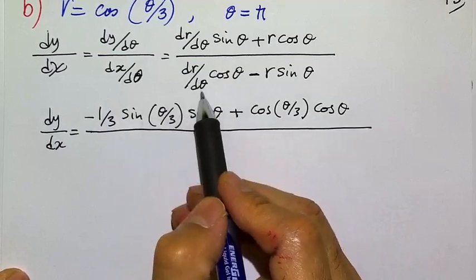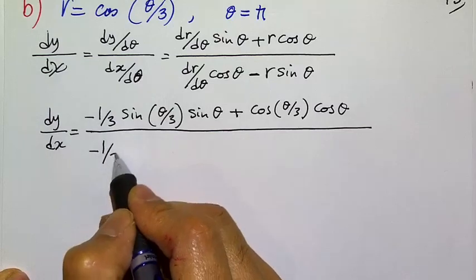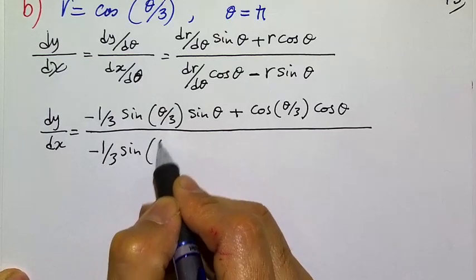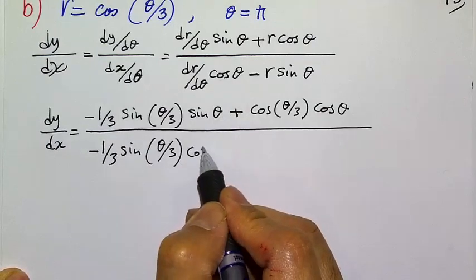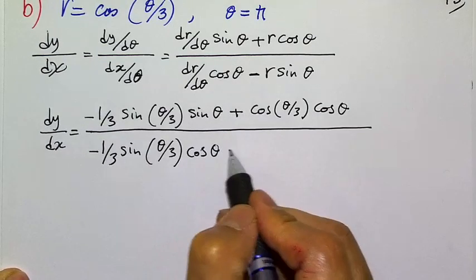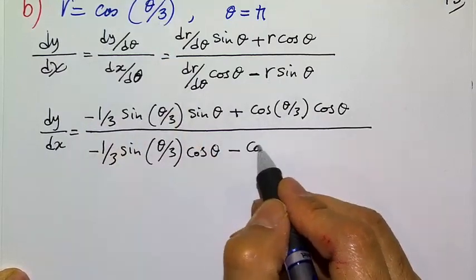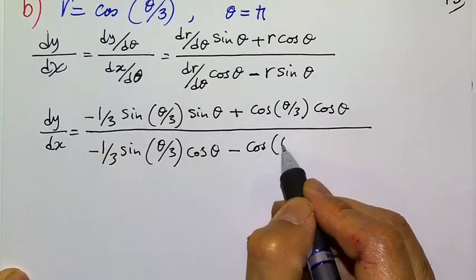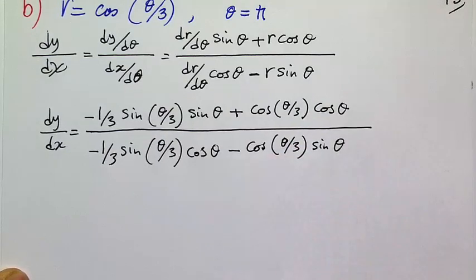Now, in the denominator, dr/d theta is again that whole thing, so minus 1/3 sine of theta over 3, this time times cosine of theta, minus r, which is cosine of theta over 3 times sine of theta.